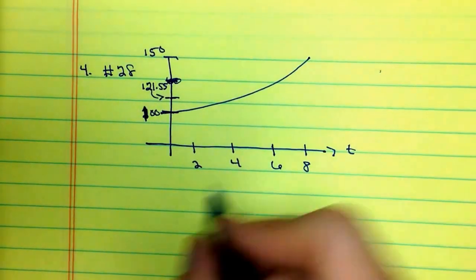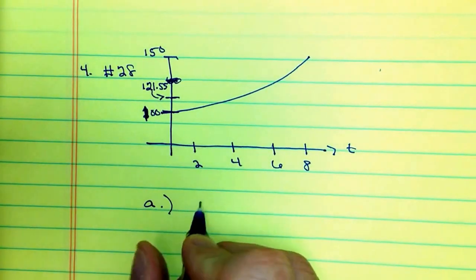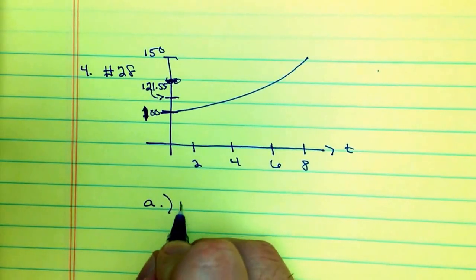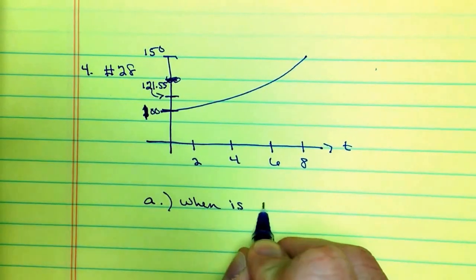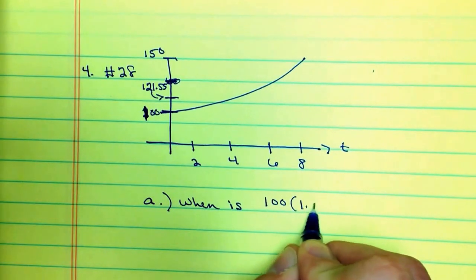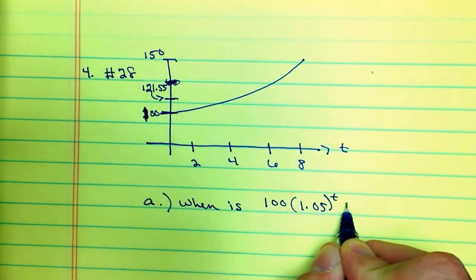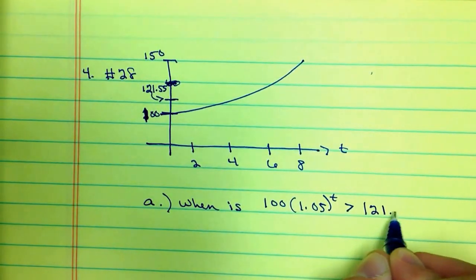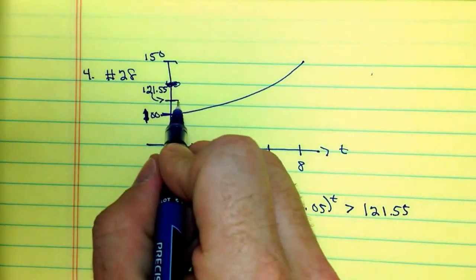Alright, and part A says, let's see, when is 100 times 1.05 to the t greater than 121.55? Well, here's where we're interested.